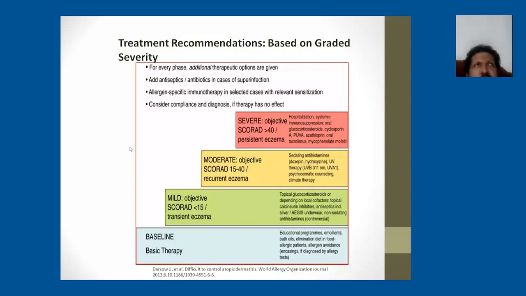They don't have the harmful effects of steroids like thinning of the skin, and the skin doesn't get addicted to it. You don't get rosacea, so it's really beneficial. But they are much more expensive. Then using an antihistamine is important to break the itch scratch cycle. I spoke about how the sensation of itch leads to scratching, which leads to epidermal barrier dysfunction due to the physical injury from scratching.